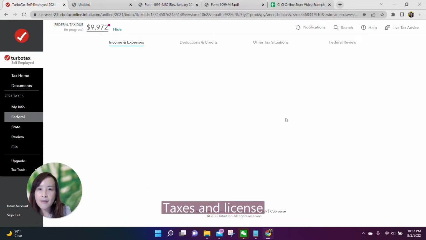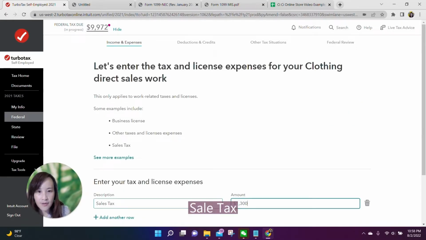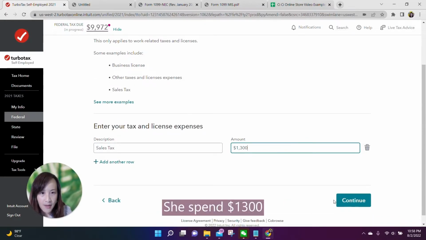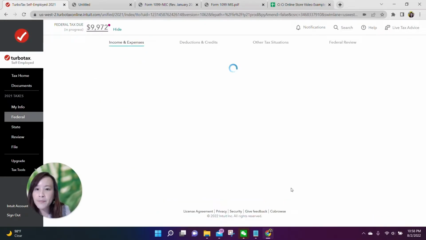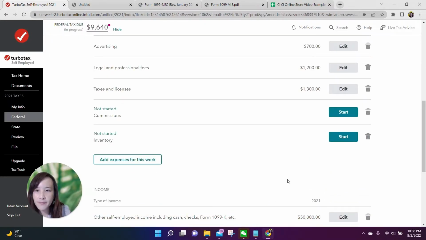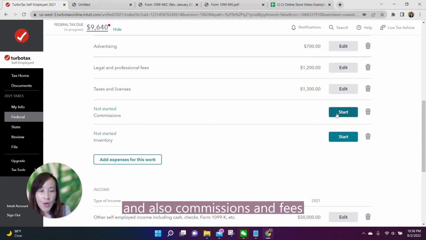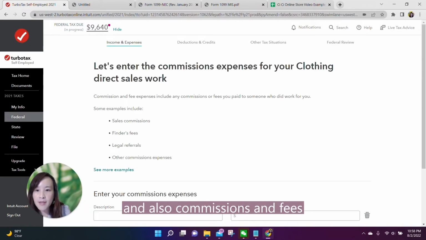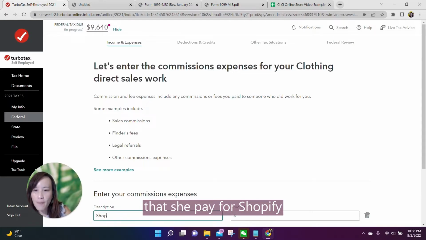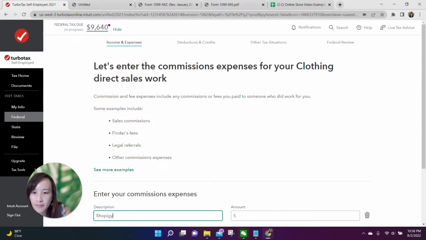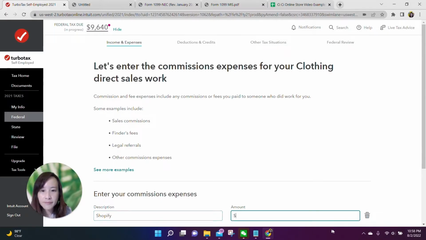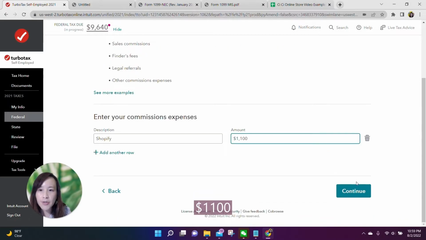Taxes and licenses, sales tax. She spent $1,300. And also commissions and fees that she paid for Shopify, $1,100.